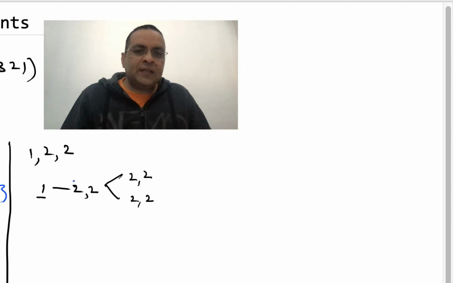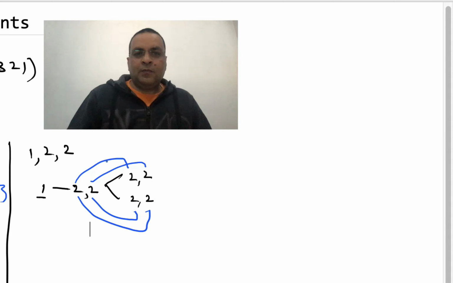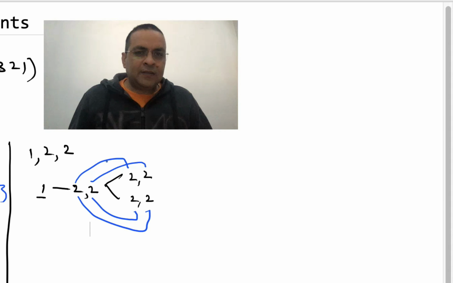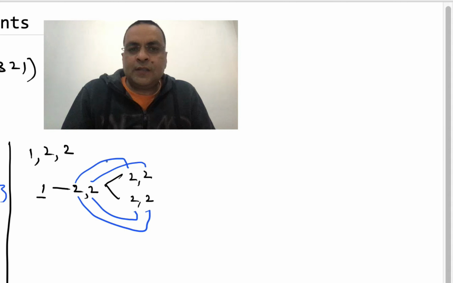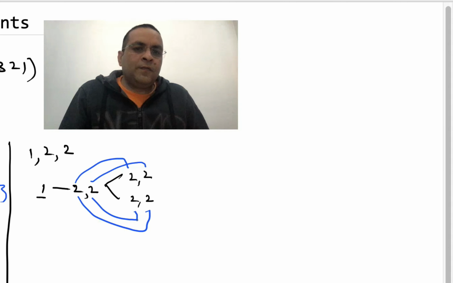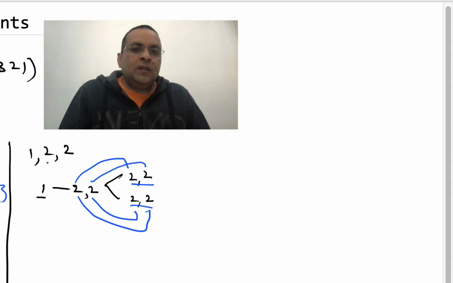In the first case, it has the first 2 here and the second 2 here. In the second case, it has the first 2 at the end and the second 2 in the beginning. From a logical point of view, it is correct because it is printing the elements at different positions. But from the result point of view, this is incorrect because 2, 2 and 2, 2 are not 2 different permutations. They are just the same permutation.